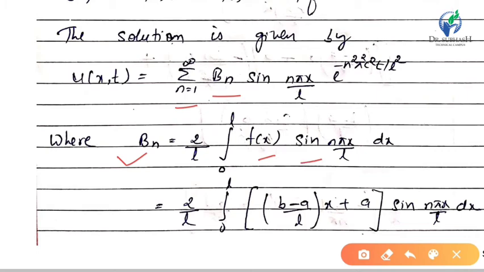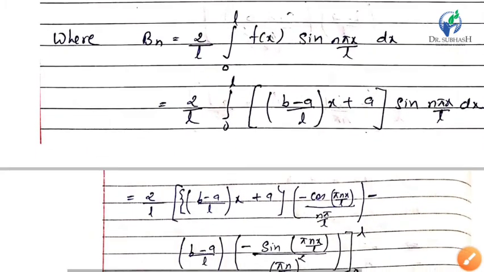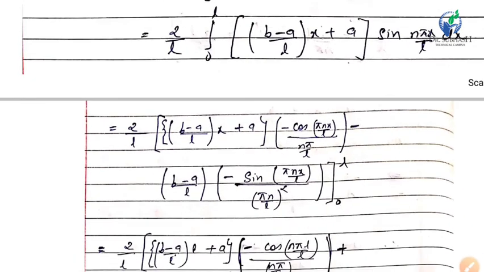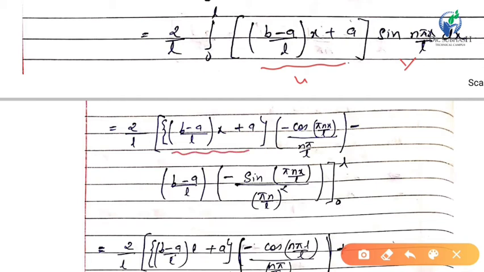Now I will put the value of fx here, that is b minus a upon L into x plus a. Rest of the term will be as it is. Now I have to integrate this equation. For integration, according to LIAT, this term will be u and this term will be v. So using Bernoulli's formula for integration, first u will be as it is. I will integrate sine.